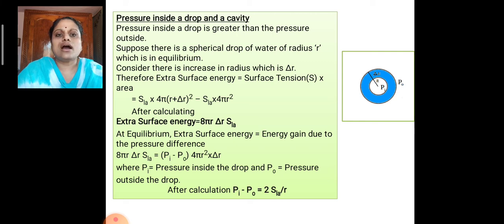So, 8 pi r delta r into S must be equivalent to the pressure difference (Pi minus Po) into area, that is 4 pi r square into delta r.